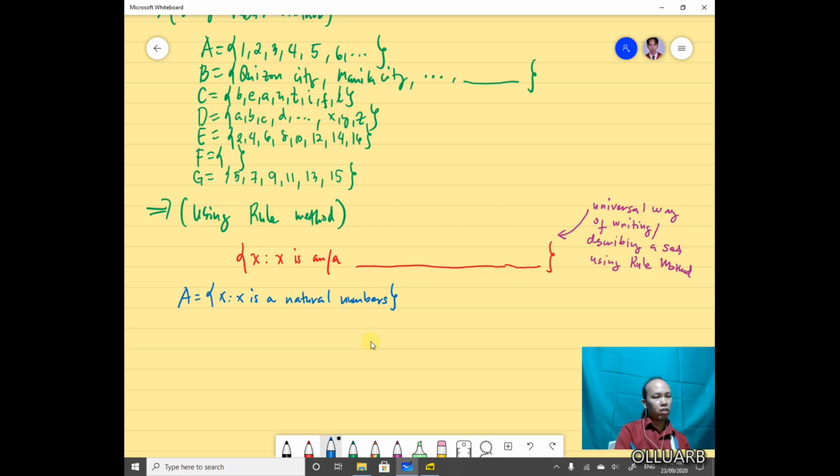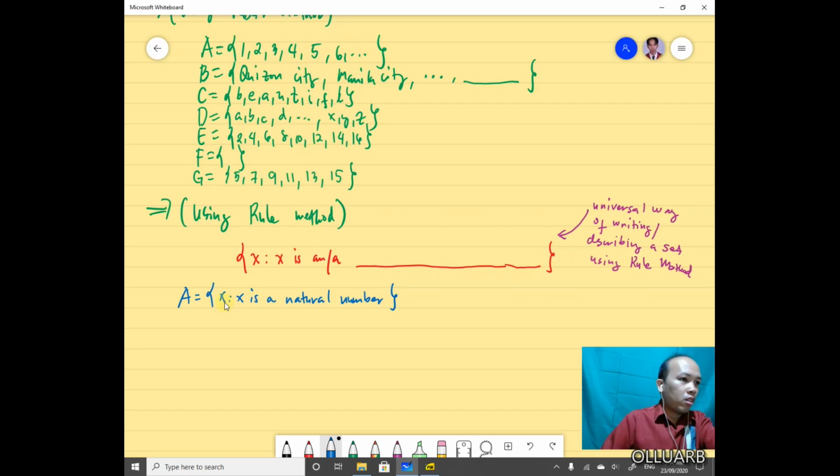This phrase is grammatically incorrect. Why? Let's take it back. If you look at the roster method, it says that 1 is a natural number, 2 is a natural number, 3 is a natural number, 4, 5, and so on and so forth.